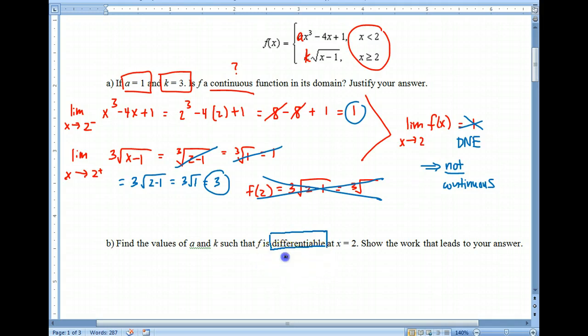So first I need to find A and K that make it continuous. And then I need to find it so that they are also differentiable, so the derivatives are equal.